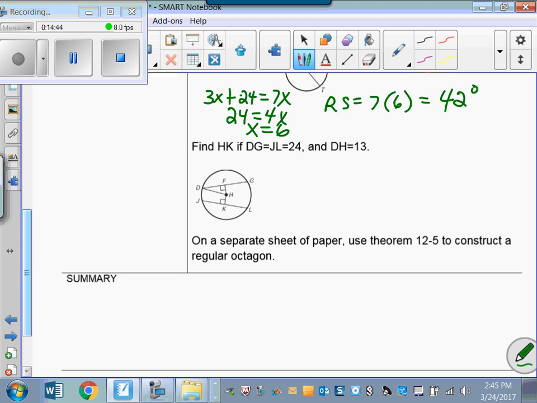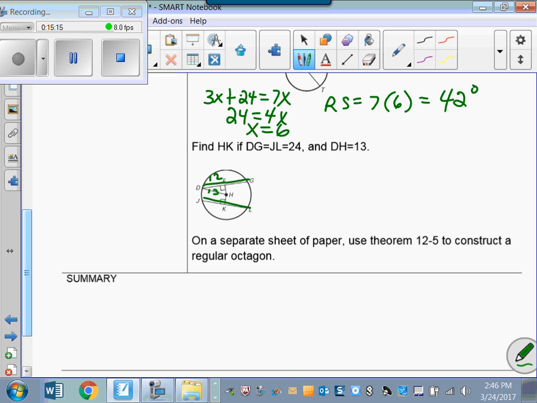Find HK if DG equals JL. Okay, congruent chords, and those are 24. And DH right here is 13. So if the chords are 24, and if I extended either HF or HK, that would be a diameter, so those chords are being bisected.